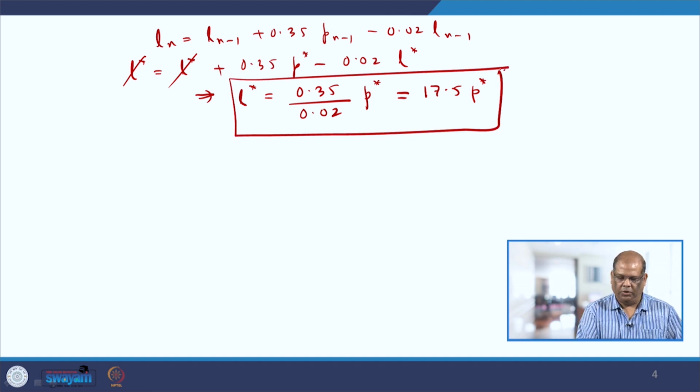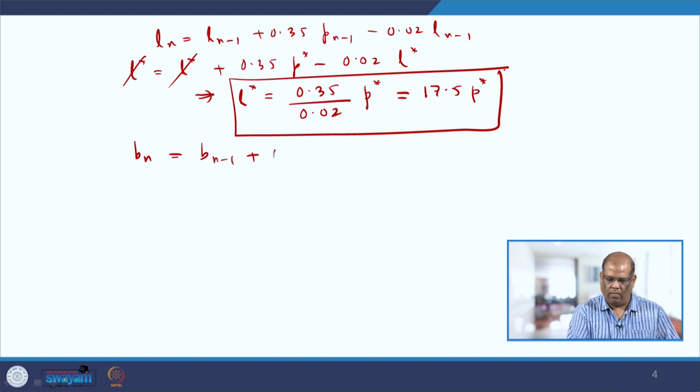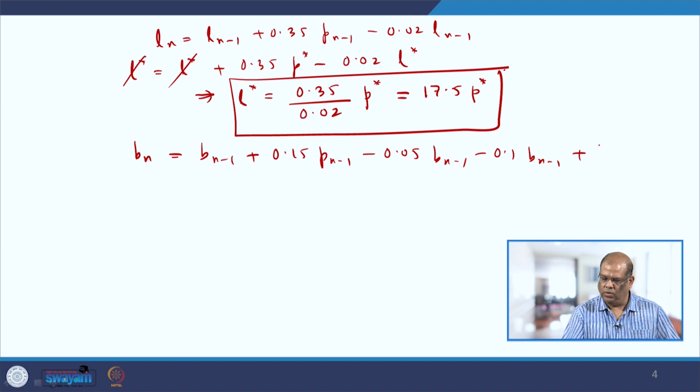The third equation, Bn, is equal to Bn minus 1 plus 0.15 Pn minus 1 minus 0.05 Bn minus 1 minus 0.1 Bn minus 1 plus 1.